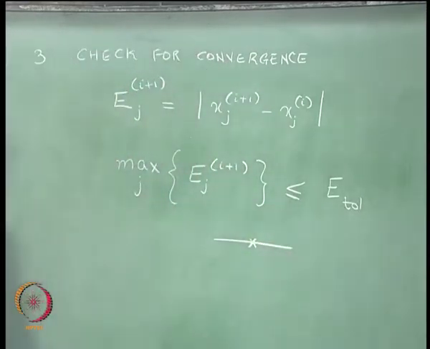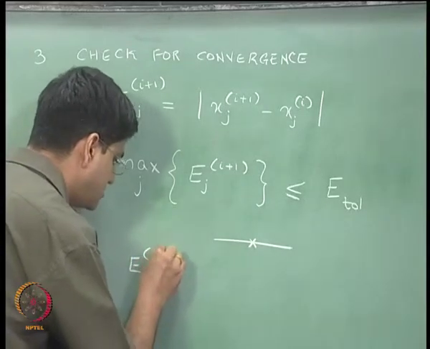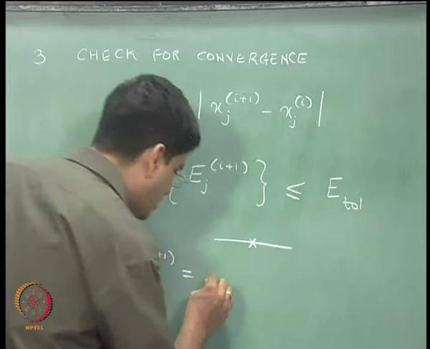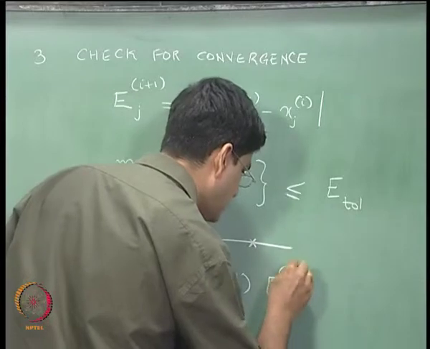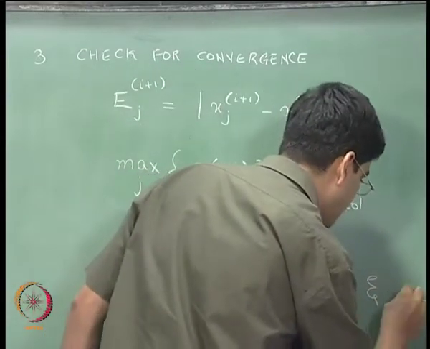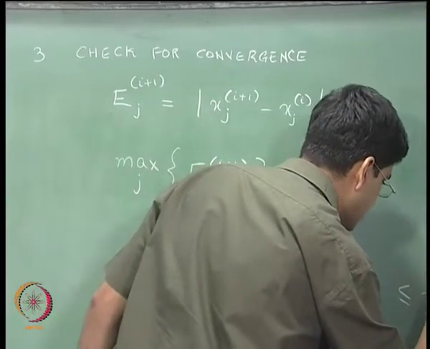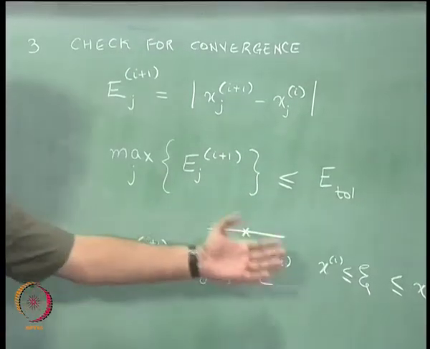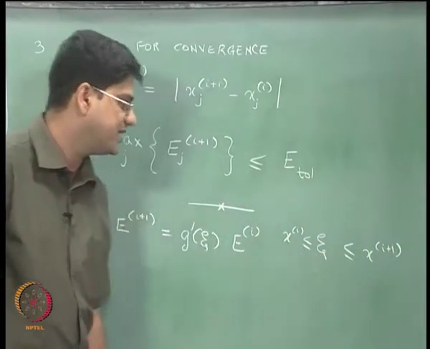Okay, now let's consider the convergence criterion for the fixed point iteration. What we had found with fixed point iteration in the previous lecture is that the error E i+1 was going to be equal to g dash of zeta multiplied by Ei, where zeta was some point that lies between xi and xi+1. Or yes, the signs might possibly be reversed as well if xi is greater than xi+1.